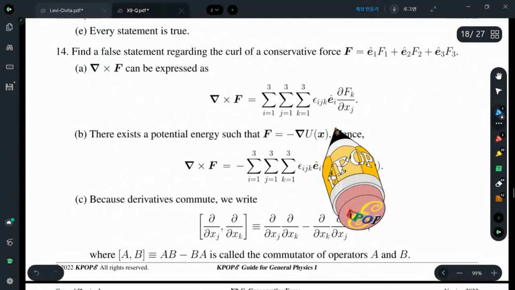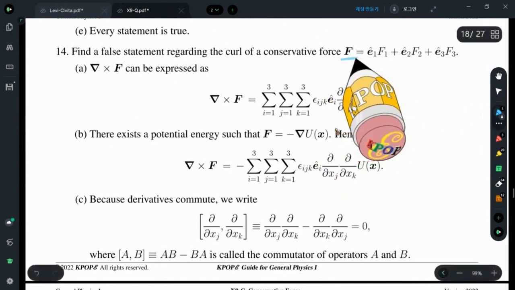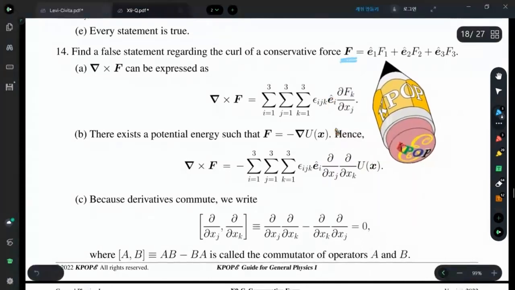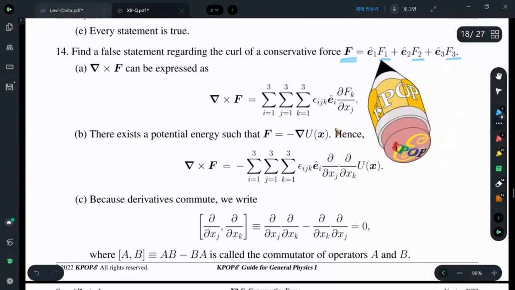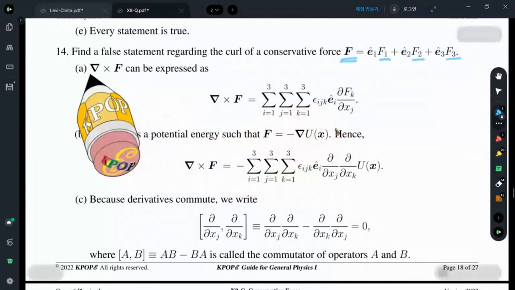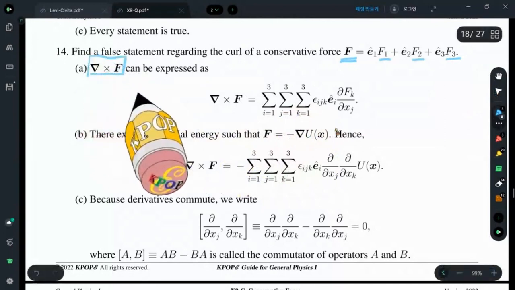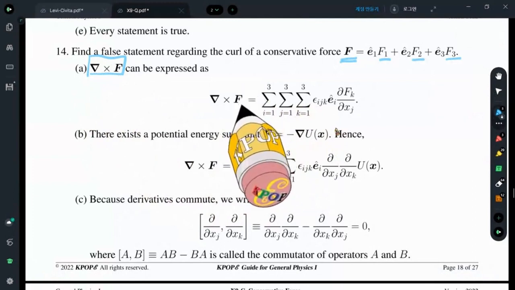Now, let us look at the curl again. A force has Cartesian coordinate components F1, F2, and F3. And this is how to compute the curl of a vector field.